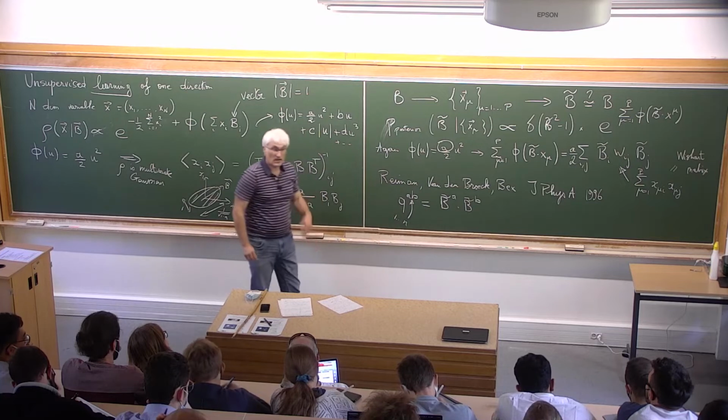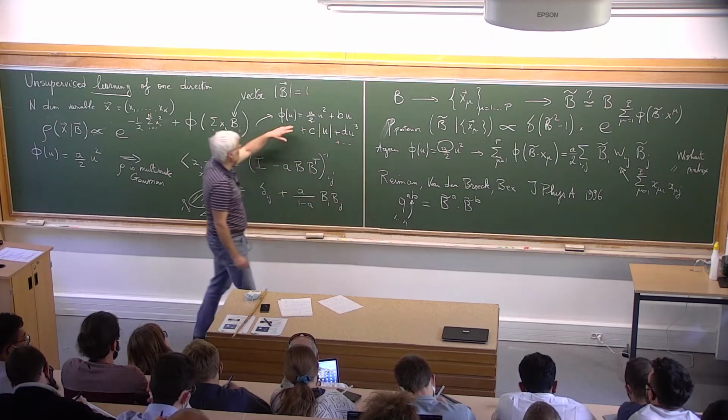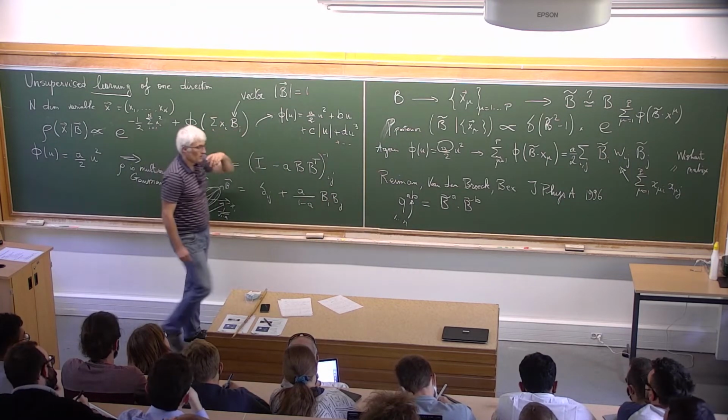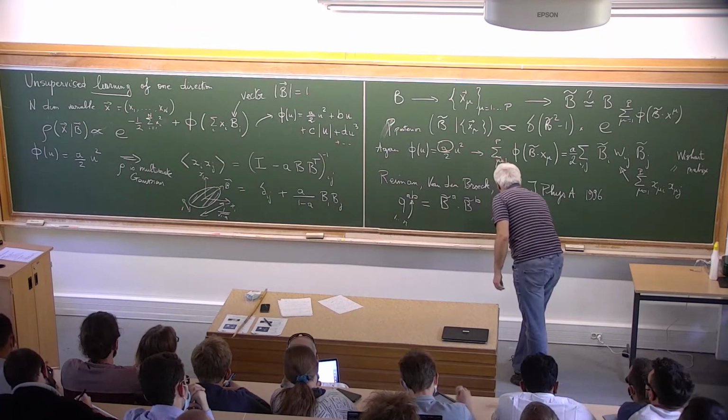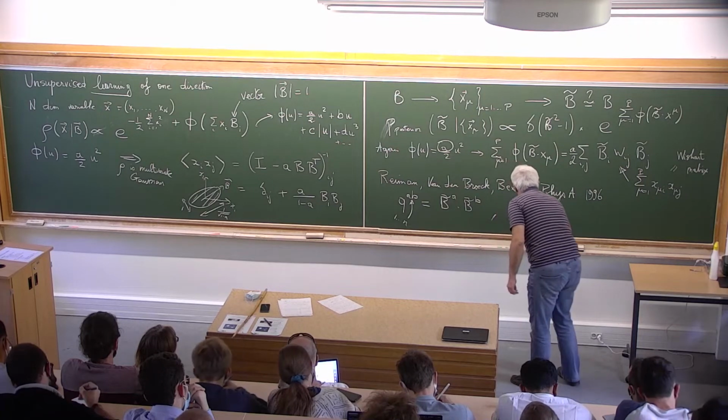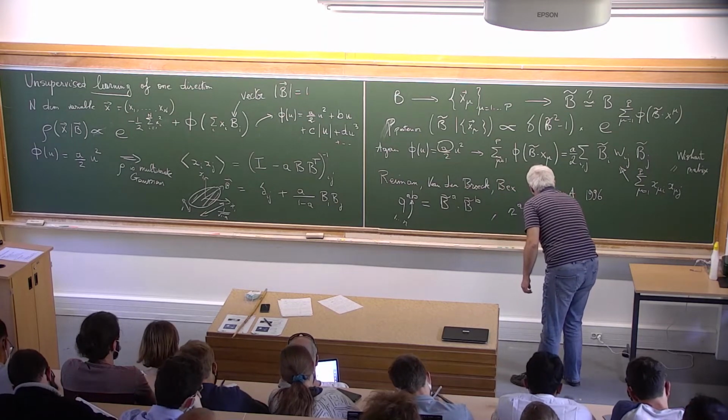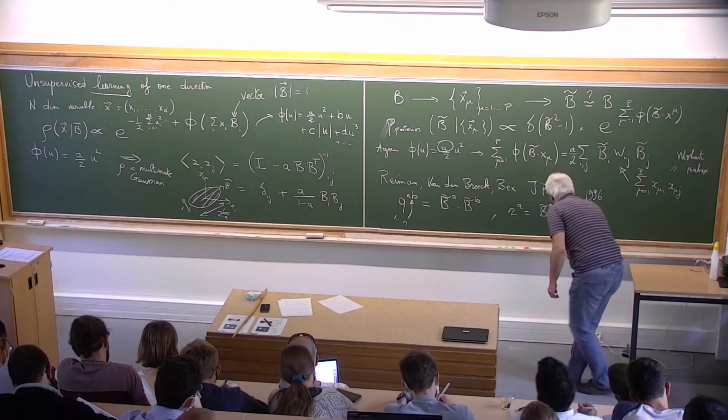Okay, but then on top of that, since we have a bias in the distribution now towards the direction B, we'll have a new parameter which will appear when you do the calculation, which is R_a, which is simply B tilde a dot B, which is the ground truth direction.